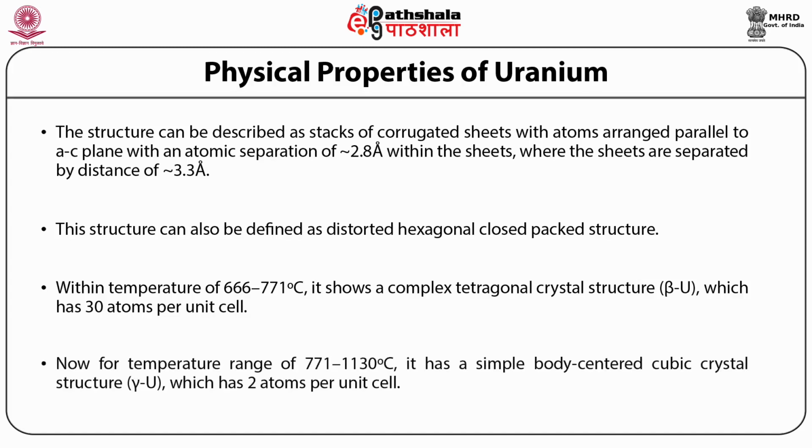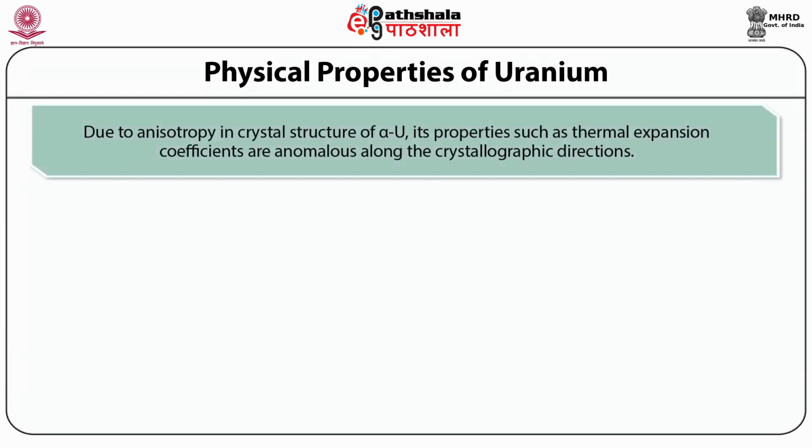Now, for a temperature range of 771 to 1130 degrees Celsius, it has a simple body centered cubic crystal structure denoted by gamma U, which has 2 atoms per unit cell. Due to anisotropy in the crystal structure of alpha U, its properties such as thermal expansion coefficients are anomalous along the crystallographic directions.